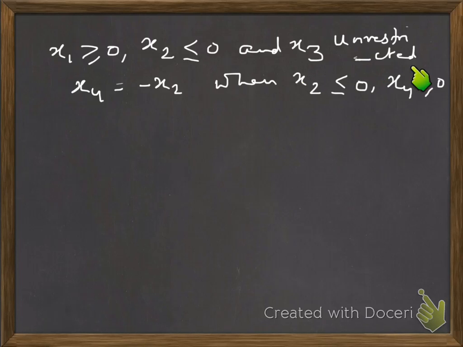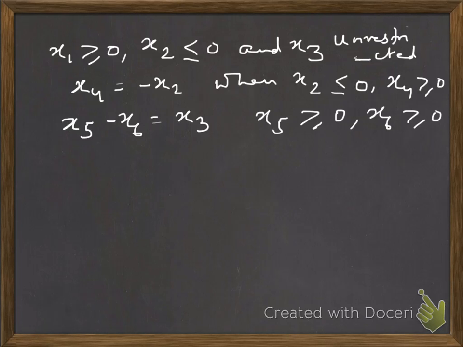Similarly, for x3 unrestricted, we can do a substitution like this: x5 minus x6 equal to x3, where x5 is greater than equal to 0 and x6 is also greater than equal to 0. We can see that when x5 is greater than x6, x5 minus x6 will be greater than 0.